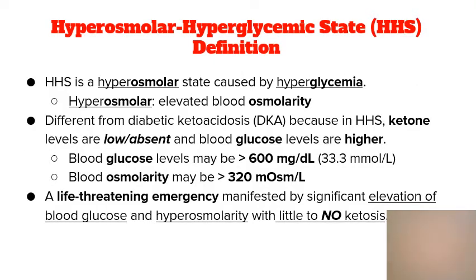Okay, so HHS is a hyperosmolar state that's caused by hyperglycemia, with hyperosmolar meaning elevated blood osmolarity. And it's different from diabetic ketoacidosis or DKA in that ketone levels in HHS are absent or low, and the blood glucose levels in HHS are also much higher, with the blood glucose levels being greater than 600 or the blood osmolarity being greater than 320.